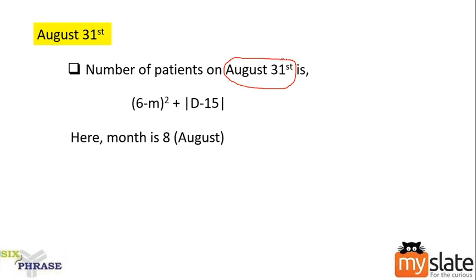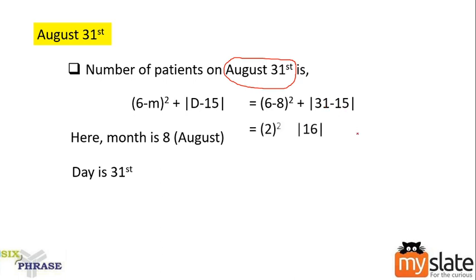And what is the D value? D value is 31. Substitute both the values in the equation. (6 minus 8) the whole square plus absolute value of 31 minus 15. Solve the equation: 2 square plus 16, which is 4 plus 16. So your answer will be 20.